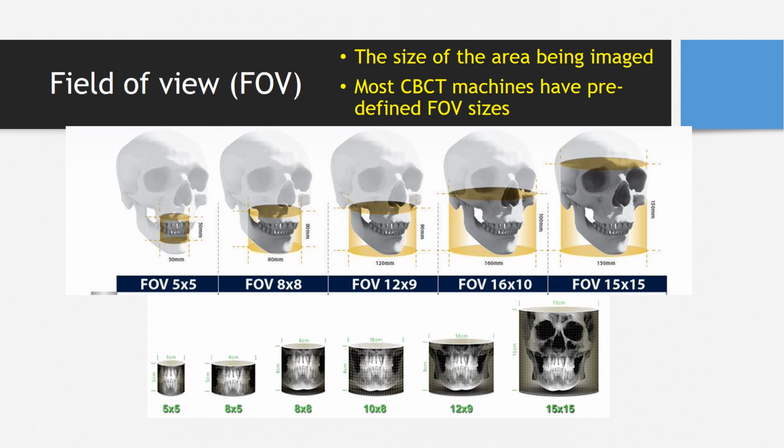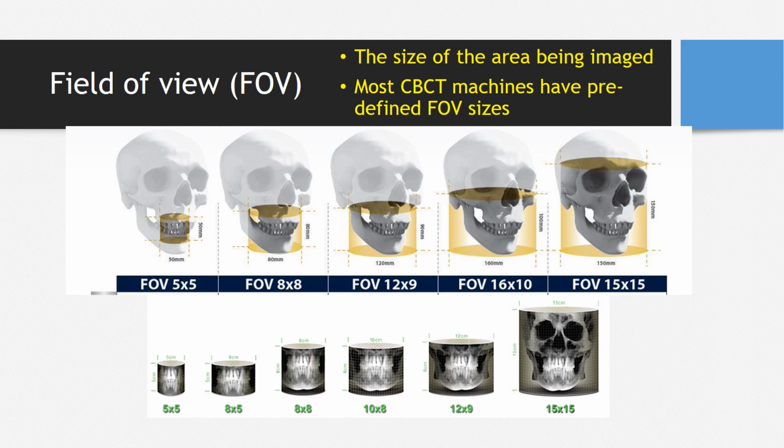You could have a small 5 by 5 cm area just to see probably the mandibular and maxillary anteriors, or if you have a single unit, a single implant being placed, then probably this FOV is enough. Because you must understand that smaller the FOV, the lesser the radiation. Larger the area, the more the radiation.